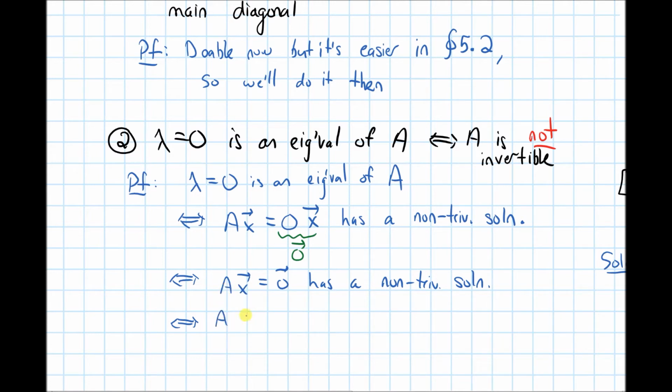And that would mean that A is not invertible. And that concludes the proof. So this proof is actually pretty quick. All right, so let's do one more theorem and then state its proof.